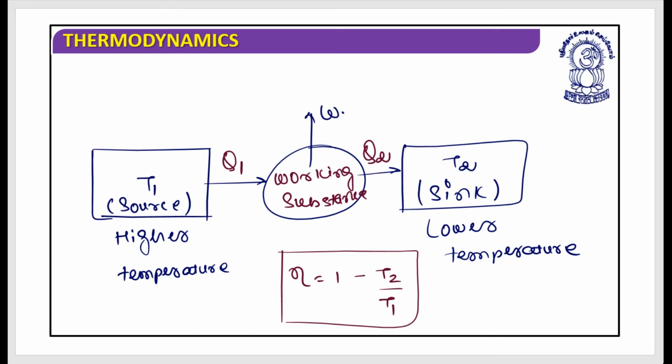So this is the maximum possible efficiency we can derive from any engine, or I should say no engine could have efficiency more than the efficiency of the Carnot engine. I hope this is clear.